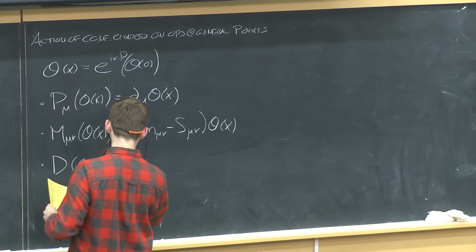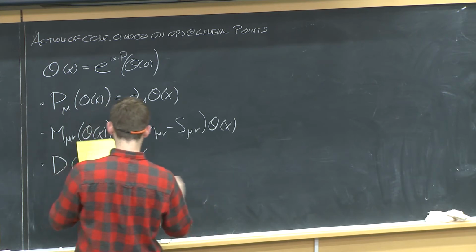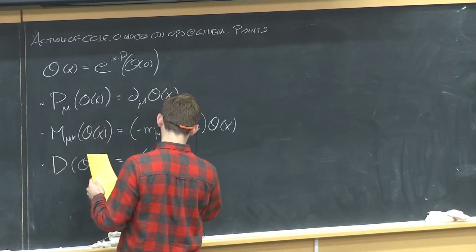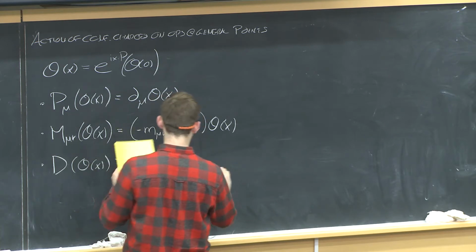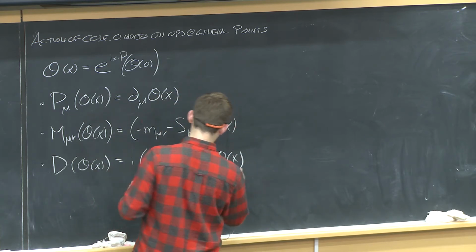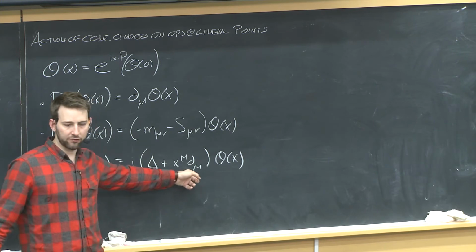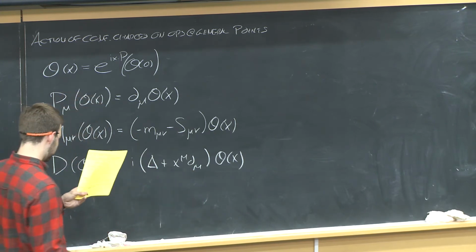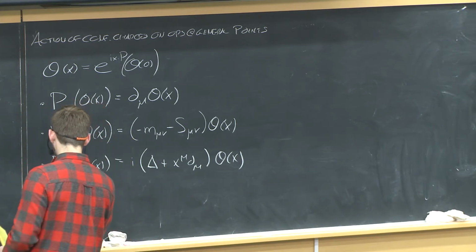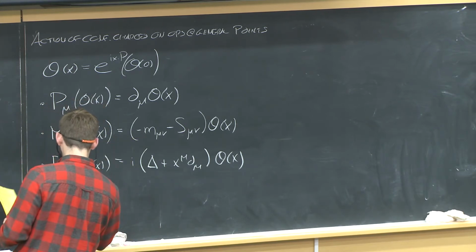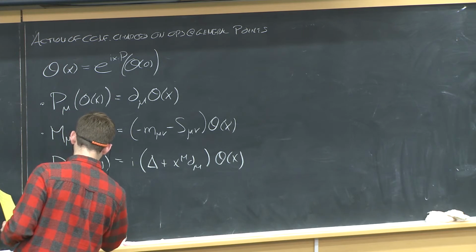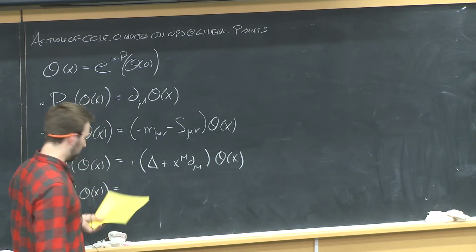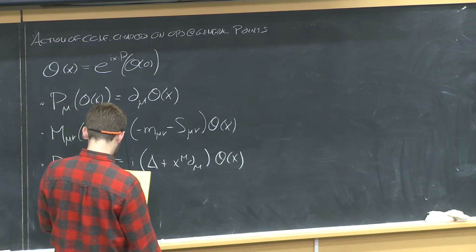Dilatation. Again, there's a pattern here. Again, you get the scaling dimension, but you also get a factor of the conformal killing vector acting on the point. And K mu, this equation may or may not be relevant if you choose to do one of the exercises.